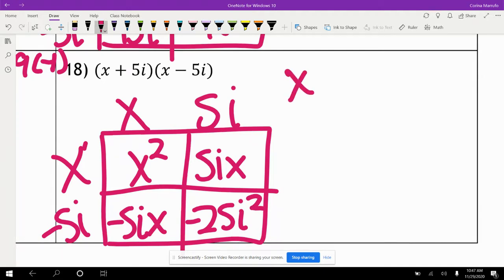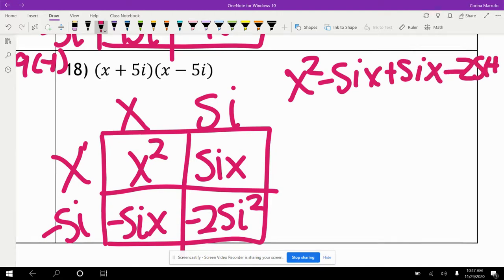So when we write this, we get x squared minus 5ix plus 5ix minus 25 times negative 1. So we end up with x squared. The 5ix's cancel each other out, and we're left with negative 25 times negative 1, which is plus 25.